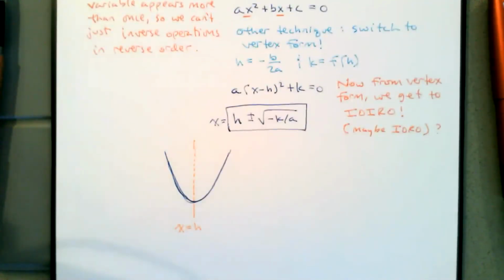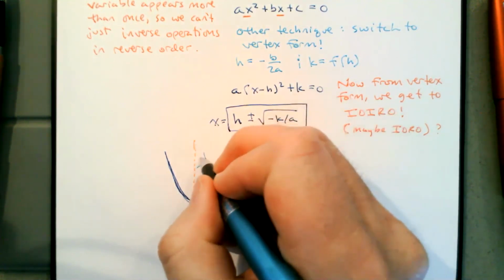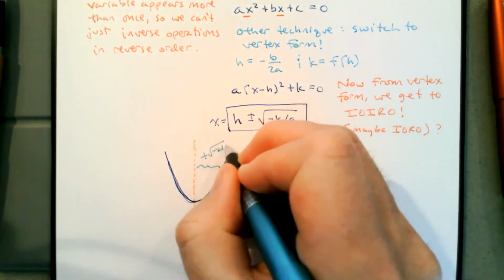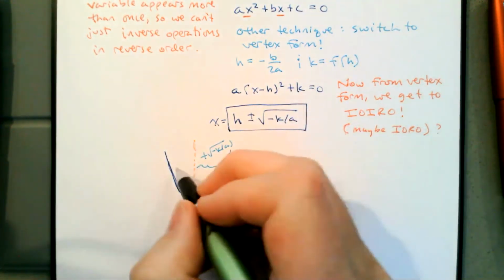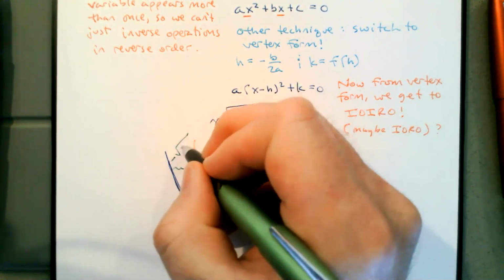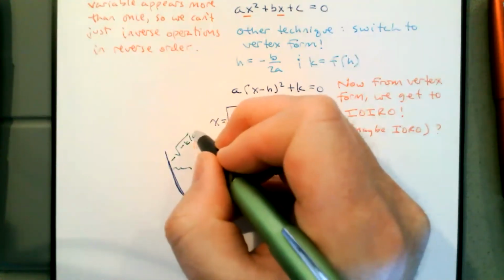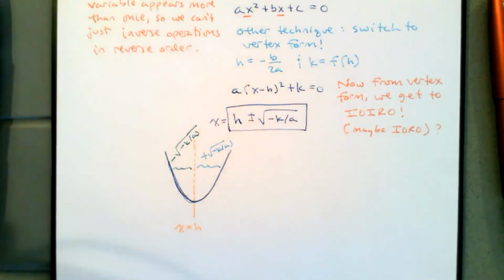And then we plus or minus the square root of minus k over a. On this side is where we do plus the square root of minus k over a, and on the other side is where we do minus the square root of minus k over a. So there's the plus and the minus from the middle.